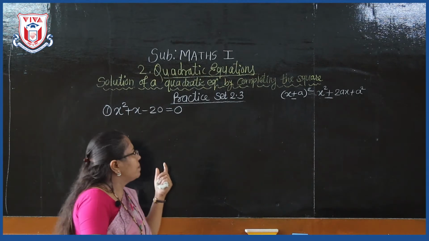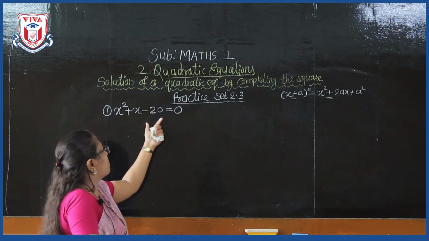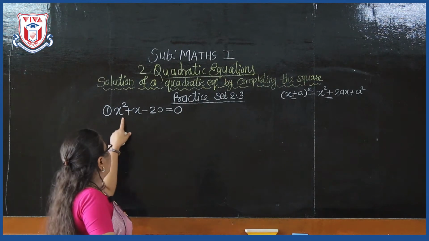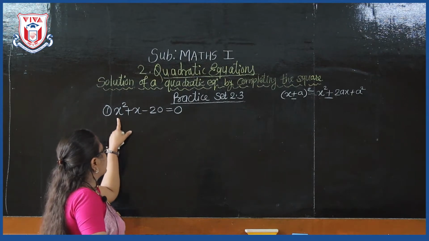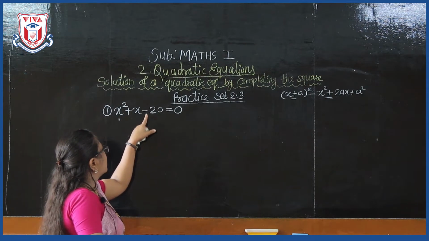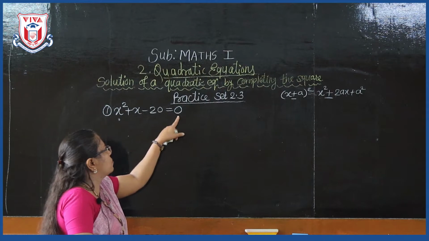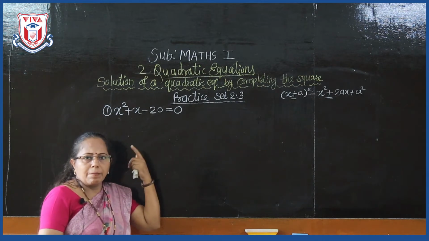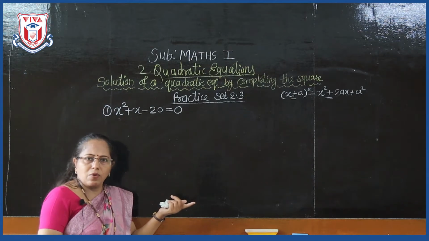Okay. Now let us solve some examples from practice set 2.3. The first equation is given, x square plus x minus 20 equal to 0. So this equation we have to solve using the completing the square method. Okay.